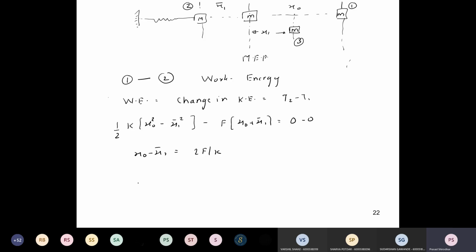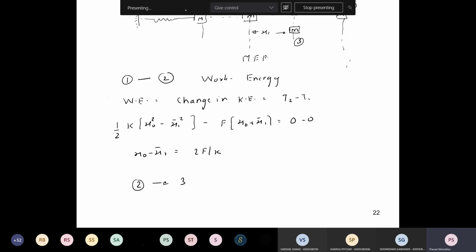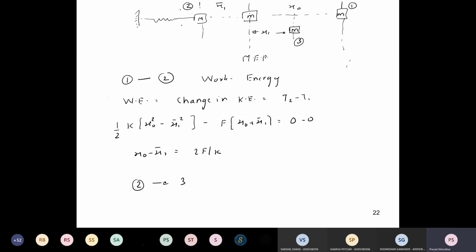Now let's analyze the motion from 2 to 3. Again, work done is change in kinetic energy.